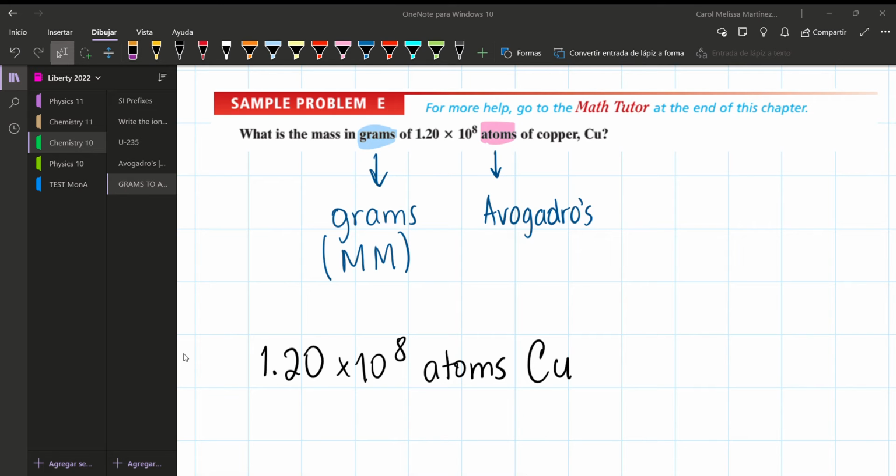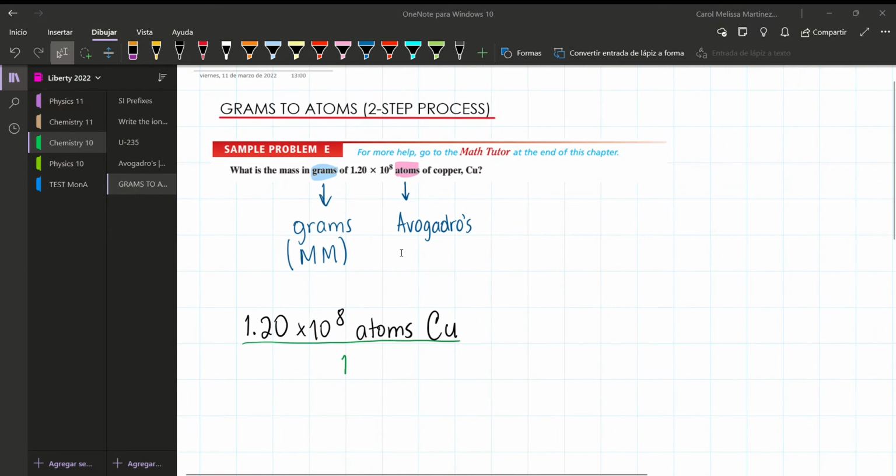First, in my procedure, I'm going to include the number 1 in the bottom. In this way, I'm going to be able to make the conversion. Now, because my atoms are in the top, what conversion do I need to use? Avogadro's or molar mass? We need to use Avogadro's.